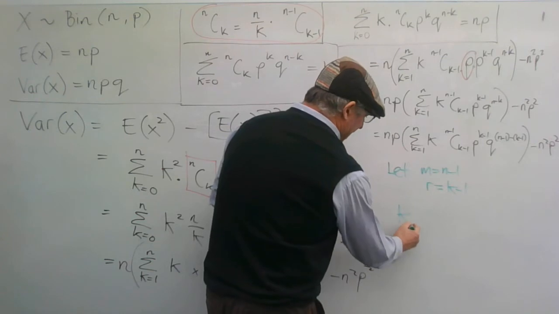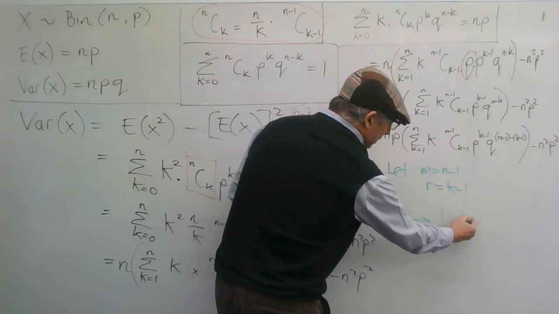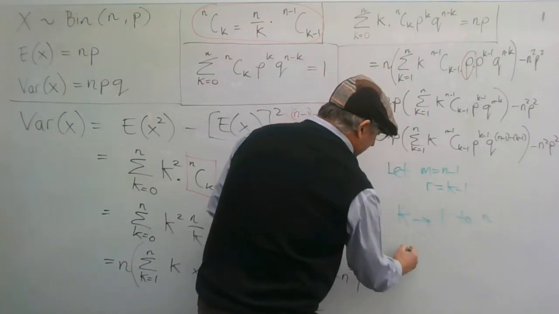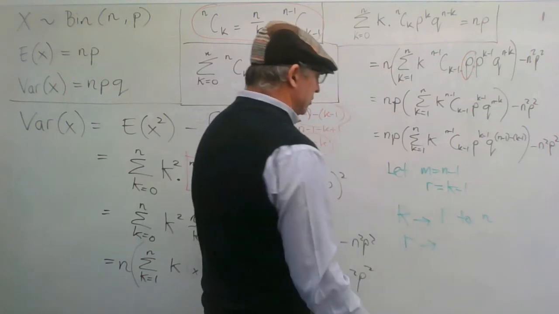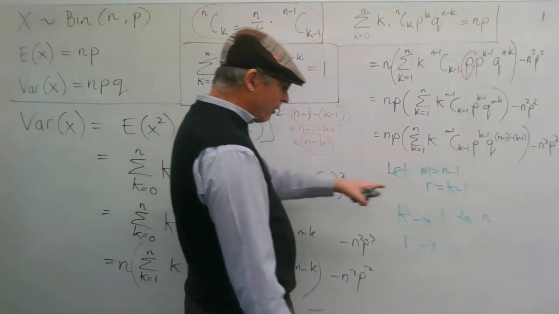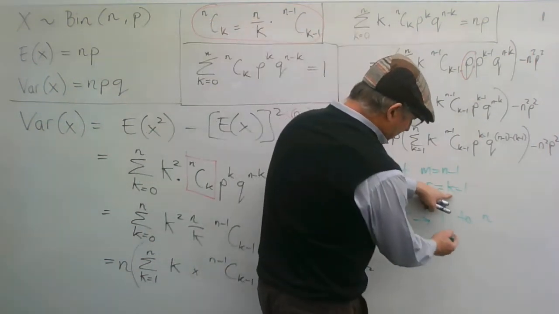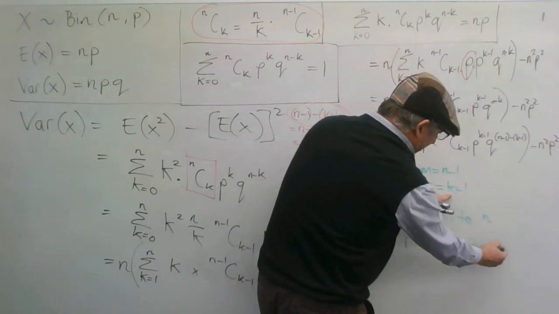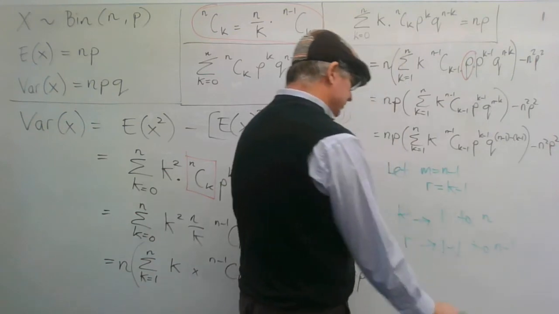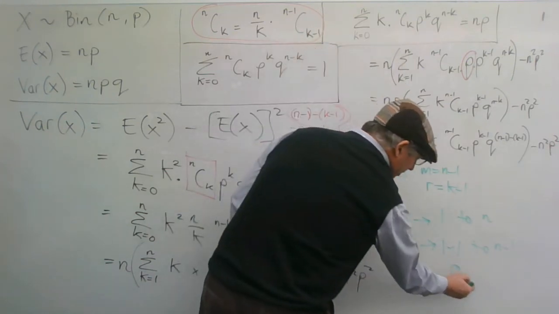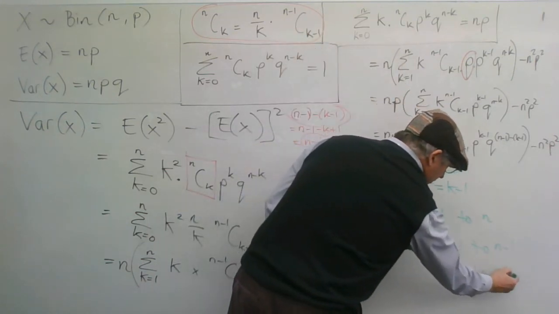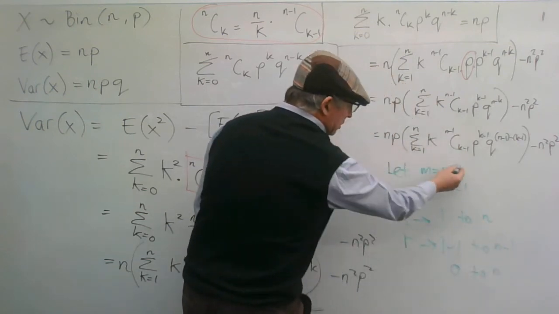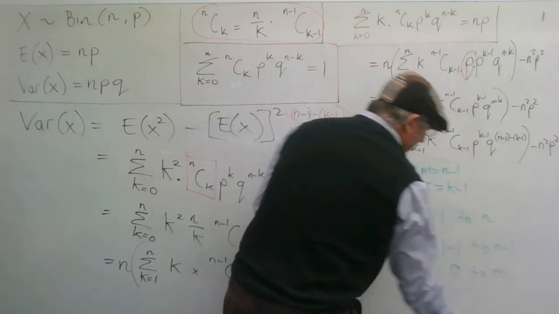So r is going to go from, k goes from 1 to n, so 1 minus 1 to n minus 1. In other words, from 0 to n minus 1, which is m, right?